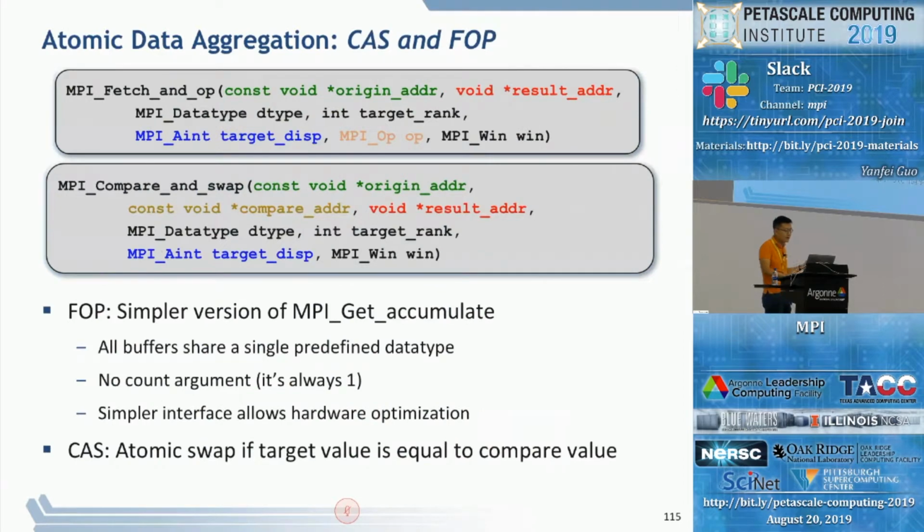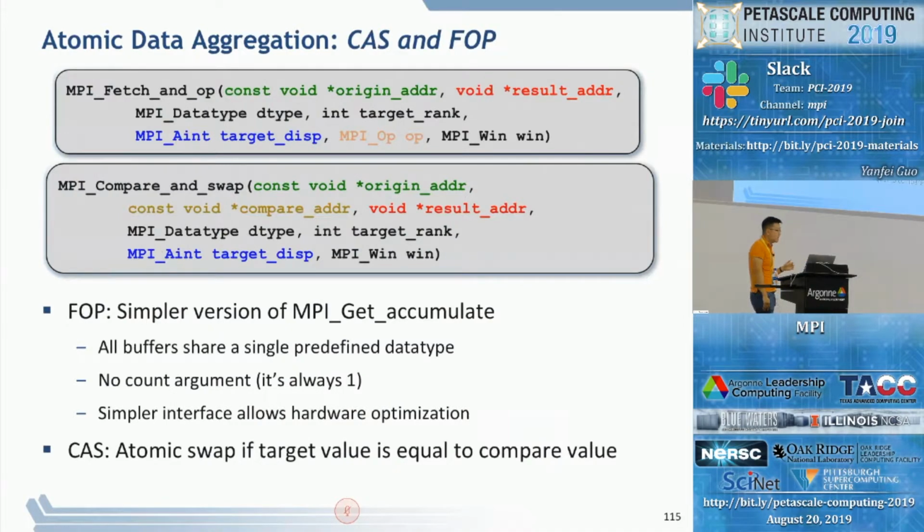But with fetch and op, the number is always 1. Because it's simpler, it allows me to do some optimization, especially if you have basic data types. We can use hardware implementations to do the operation if the network hardware supports that.